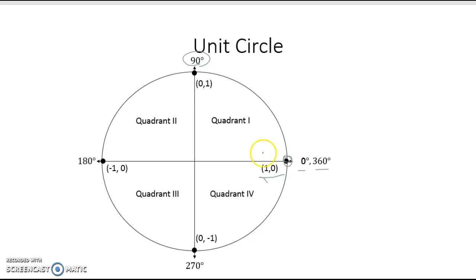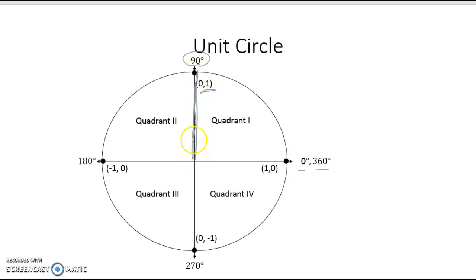Remember, this first point is always x, even though I just said it with the cosine of theta. It's x, comma, y. But look at this right here. This is really the radius, which is going to be 1. Since we're technically on the x-axis, that means y is going to be 0.